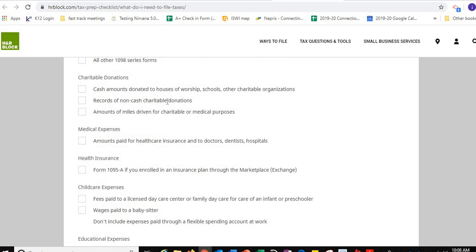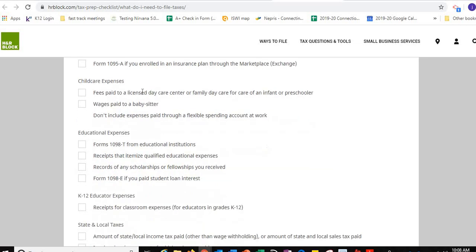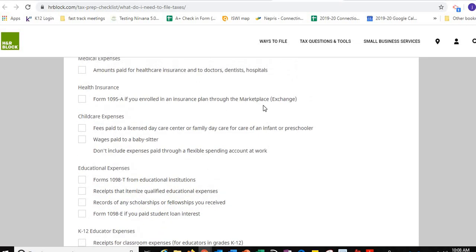So it says non-cash charitable donations. Did you donate to Goodwill or to your church, whatever? Okay. You have information about the money you spent on medical expenses, healthcare insurance, your doctor's appointments, those kinds of things. If you have health insurance through the marketplace, don't worry about that because that's coming and going.